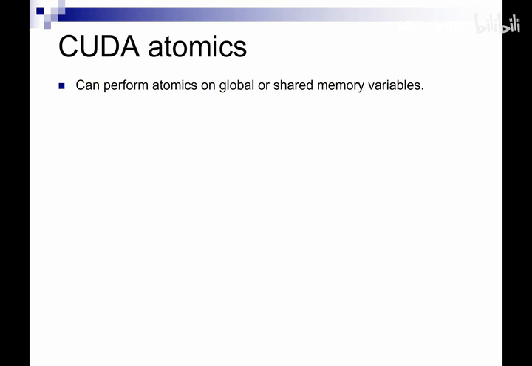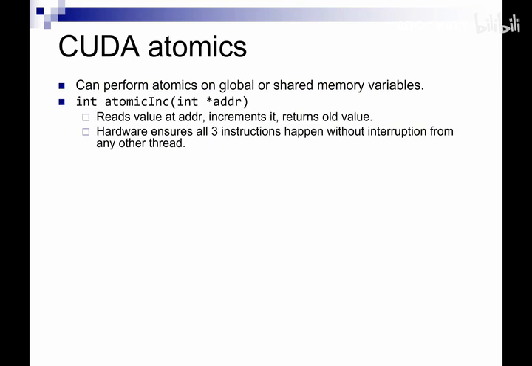Okay, so let's look at these atomic intrinsic operations. These operations are only going to apply on variables, and the variables can be stored in global memory or shared memory. The first operation is called atomic increment. Here you give the operation an address, so the variable is going to be stored at this address.